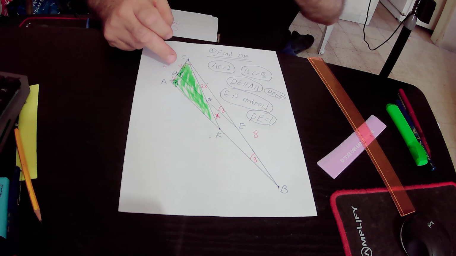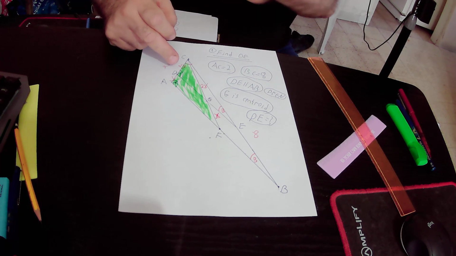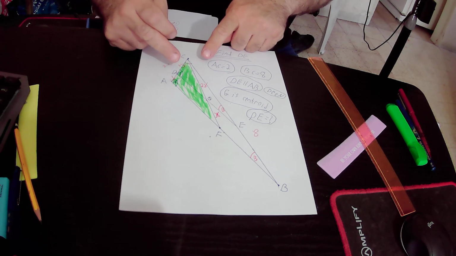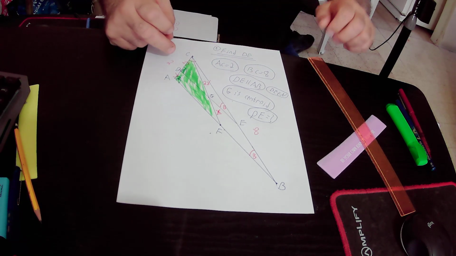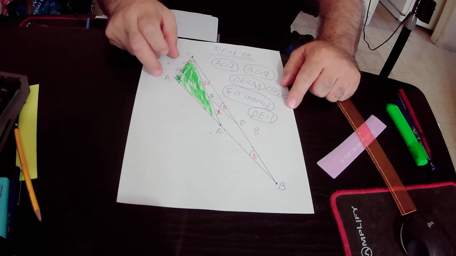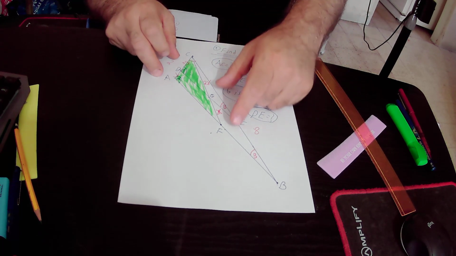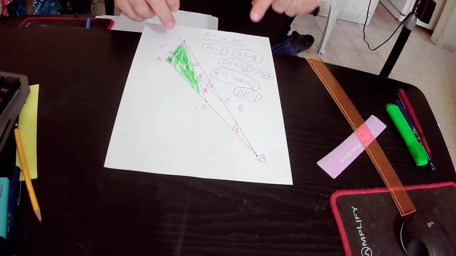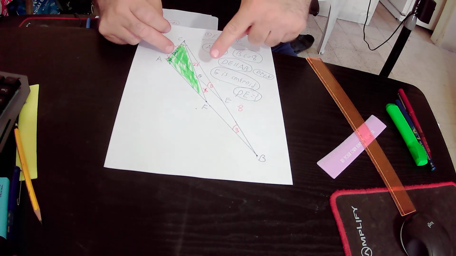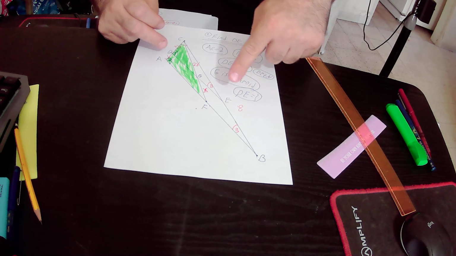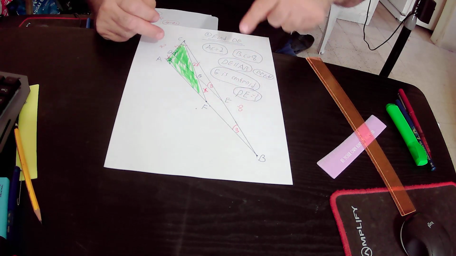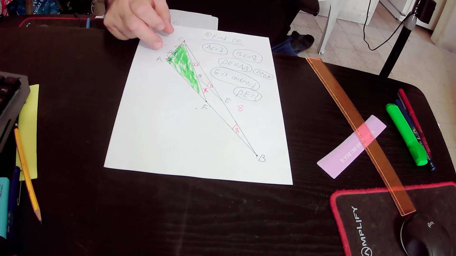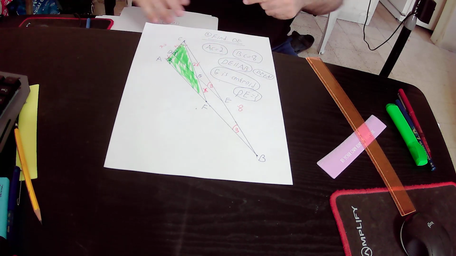So we can implement rule number 2 in the green triangle, triangle CAF. And according to rule number 2, CD over AD will be equal to CG over GF.